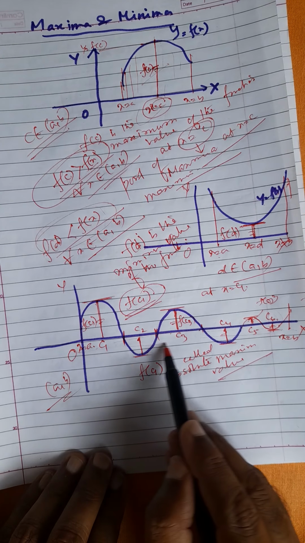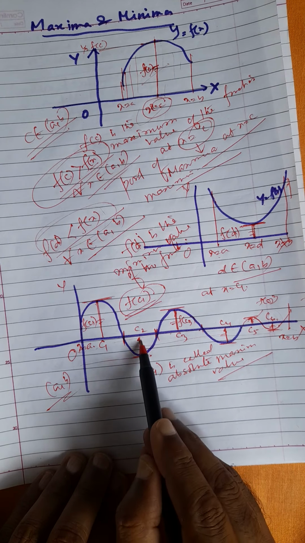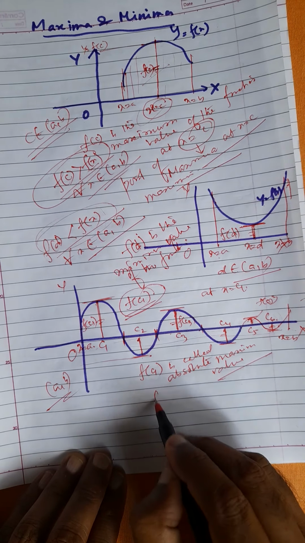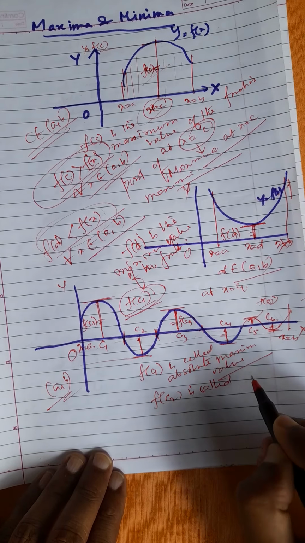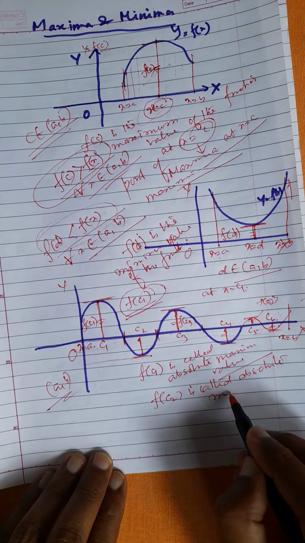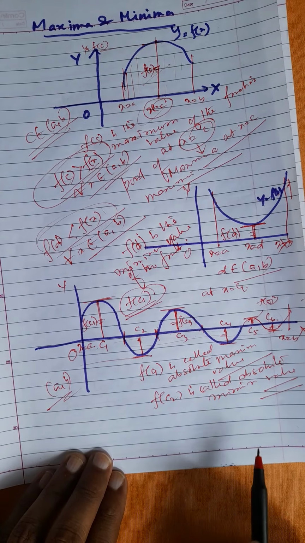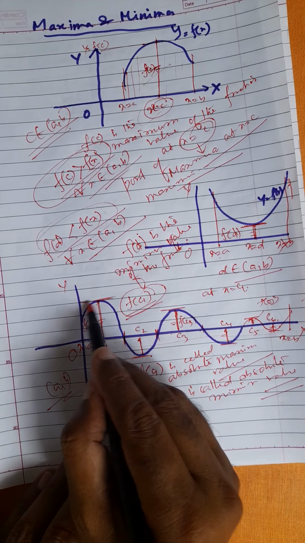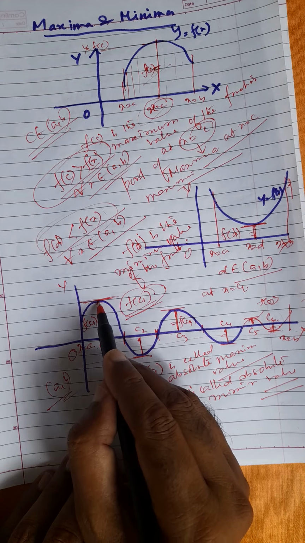Which is the smallest one? The smallest one is nothing but f(c2), and f(c2) is called the absolute minimum value.